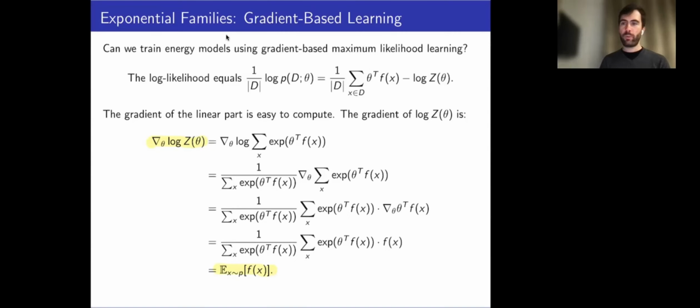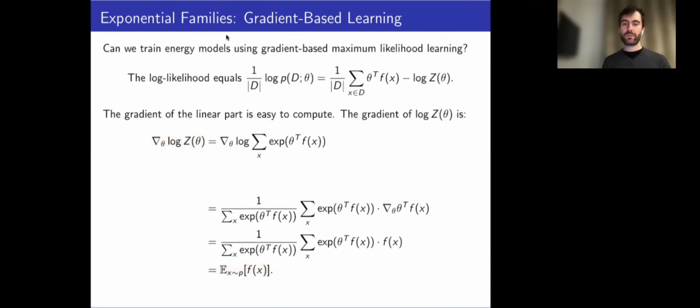Right, so I have a model with parameters theta. The gradient of the partition function is the expected value of the features, where the expectation over x is with respect to the distribution with parameters theta. So that's a key fact about any exponential family.